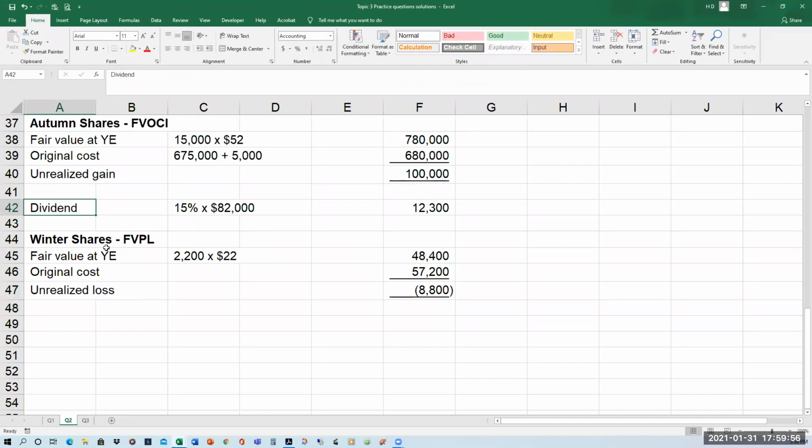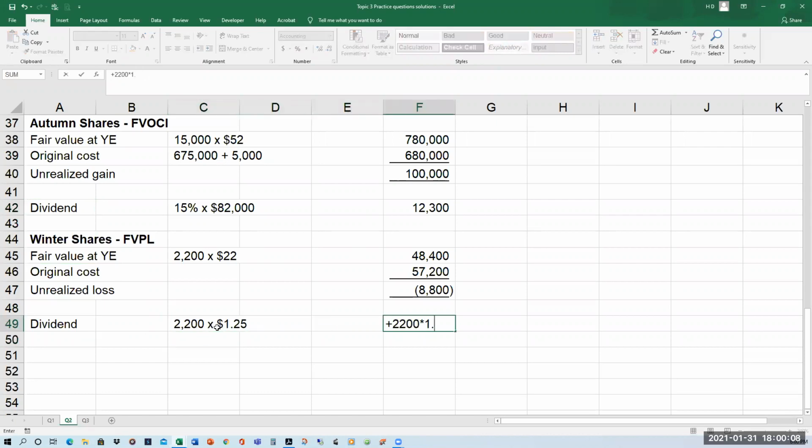The dividend on 2,200 shares, the dividend amount was $1.25 each. That works out to $2,750. And then the third thing is that the brokerage fees were $1,800. Now, brokerage fees are an expense, so they reduce income.